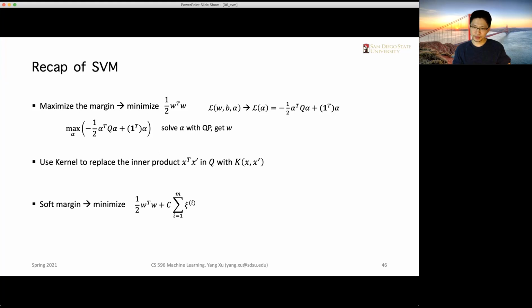Do we always project into the same X space, or does it depend on the data sets? You mean the Z space, right? Yeah, it depends on the data sets. Some data sets use different kernels. Different kernels refer to a different projection, a different Z space.